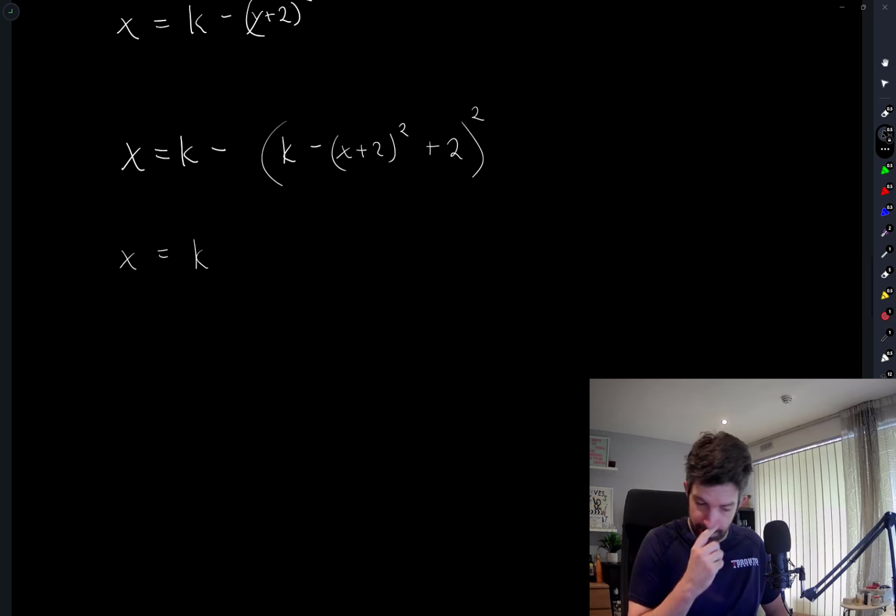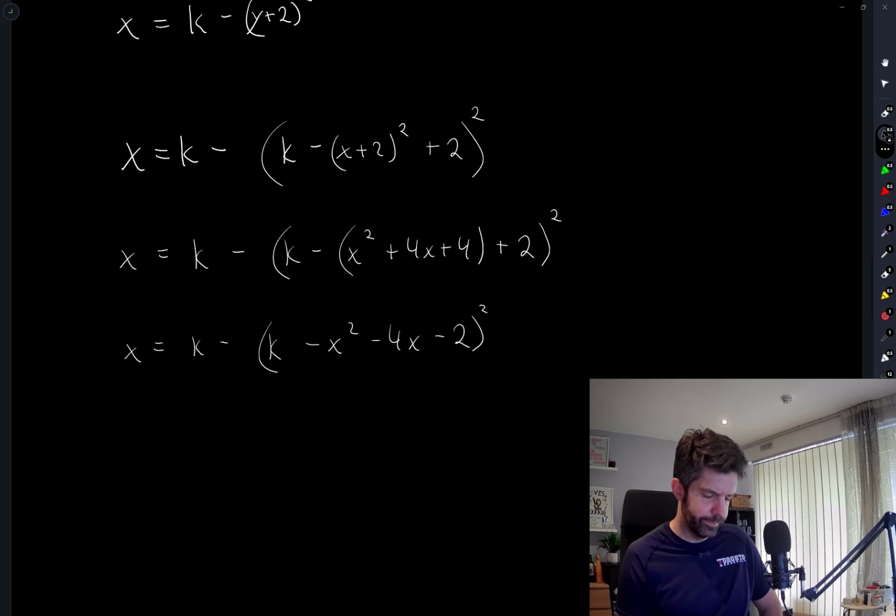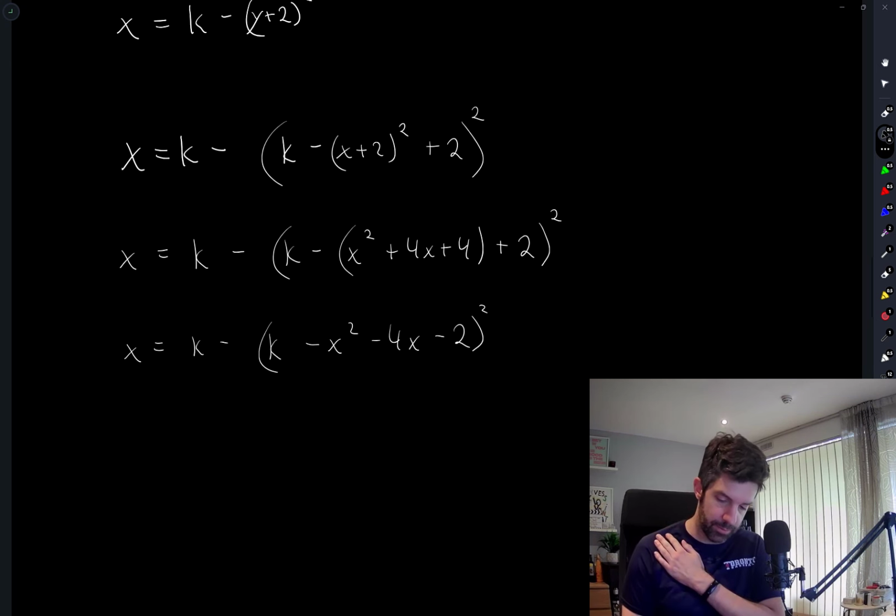This also looks like it's going to be pretty messy. Yeah, I don't really want to expand this. We're going to get a 4th degree polynomial in x. And it's not like there's some kind of thing we can do with only even powers of x, right? There's certainly going to be odd powers of x in there.